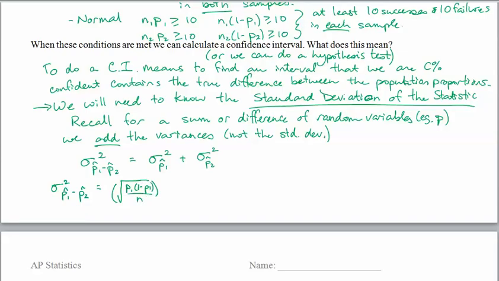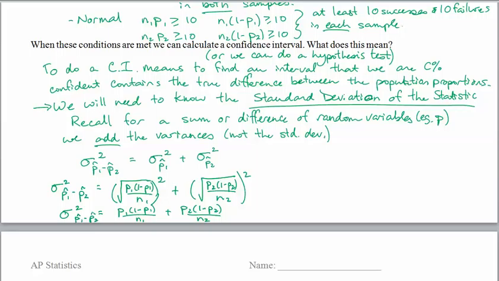We can do the same thing for P2. Of course, if I square a square root, we simply get P1 times 1 minus P1 over n1 plus P2 times 1 minus P2 over n2. That's equal to the variance of the difference.